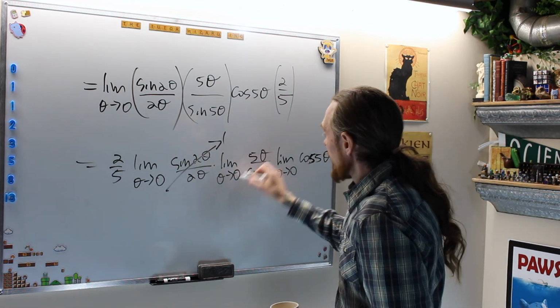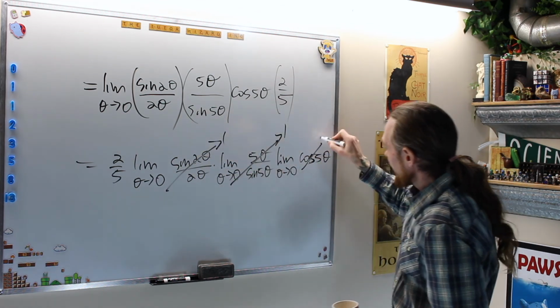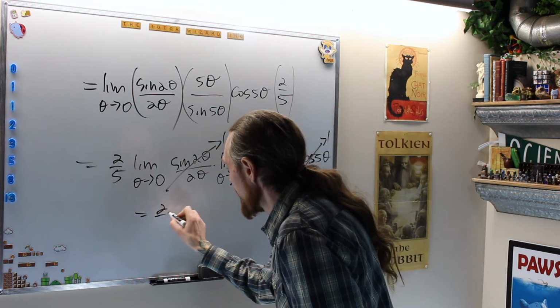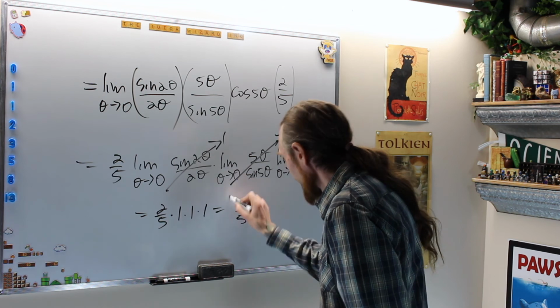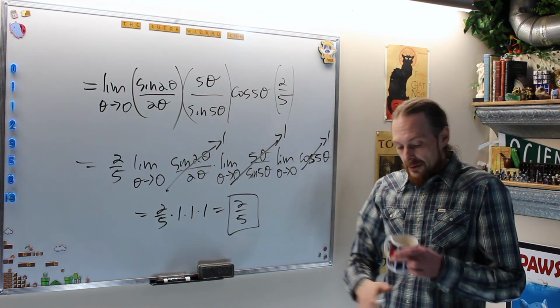This is 1, this is 1, and this is 1. So our limit is 2/5 times 1 times 1 times 1, which is 2 over 5. 2/5.